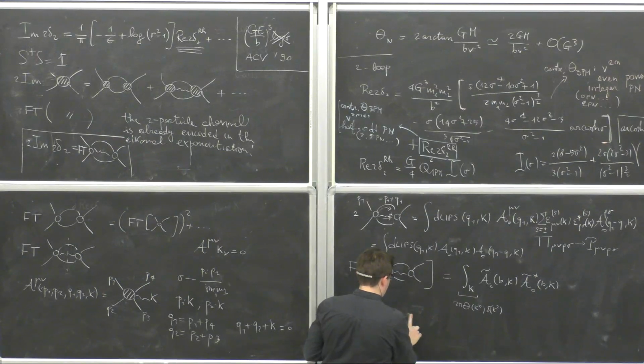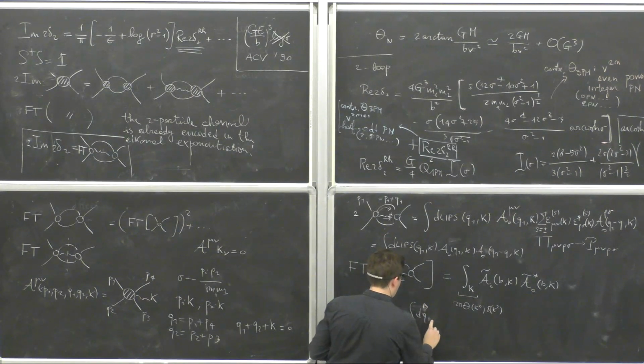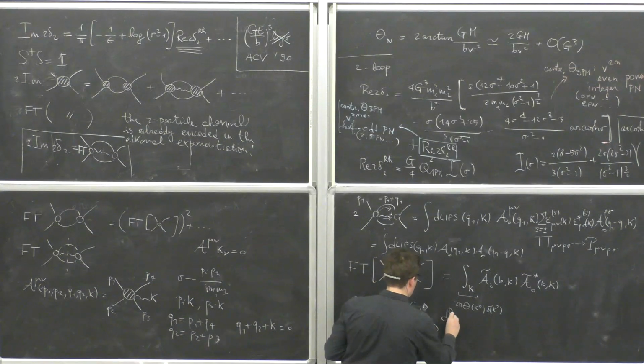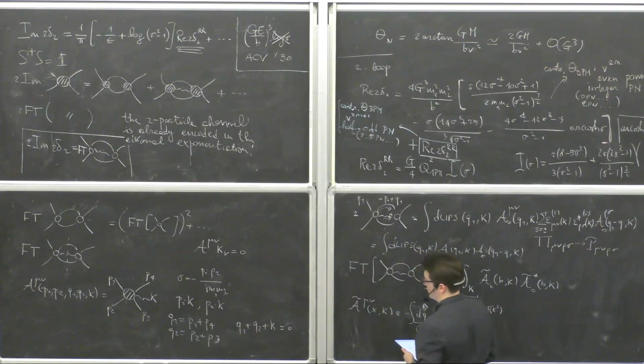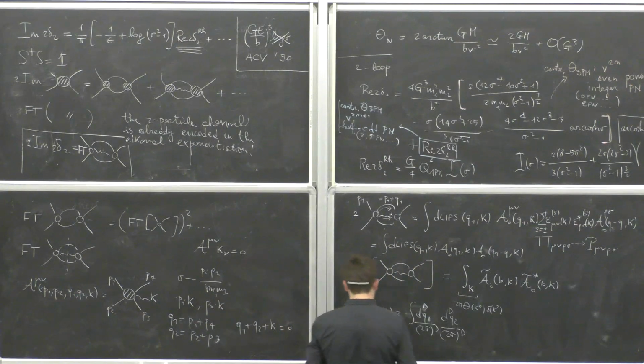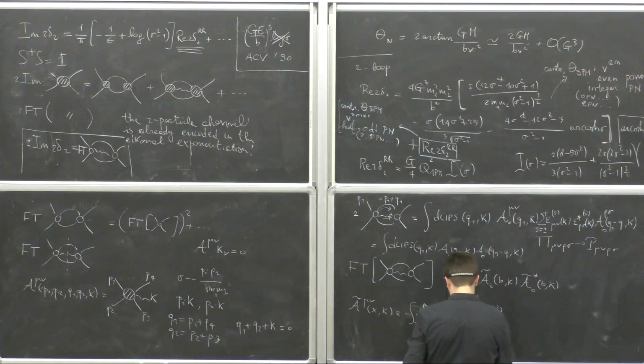So it's a sort of symmetric generalization: dd q1, dd q2. So it's essentially a Fourier transform with respect to both momentum transfers, but now constrained by the fact that they have to satisfy momentum conservation, of course.